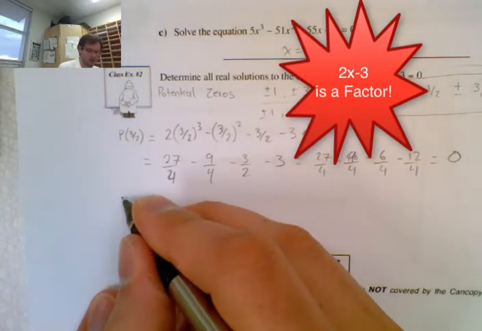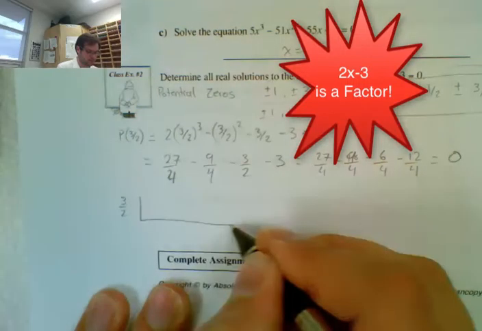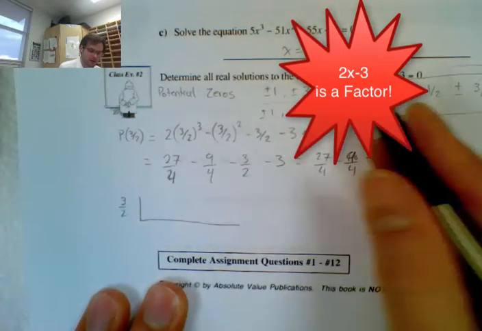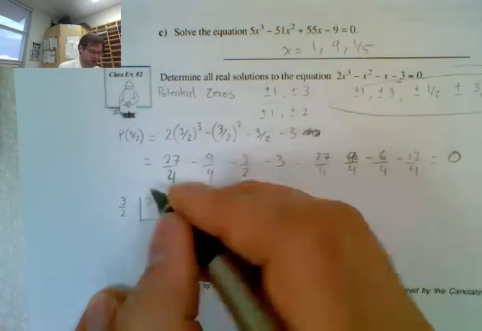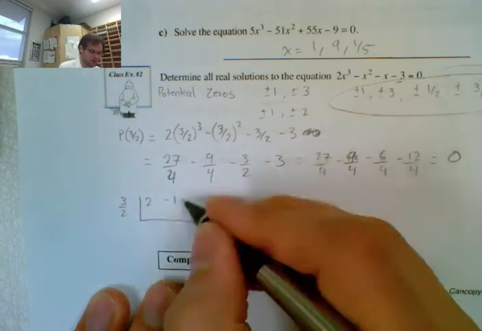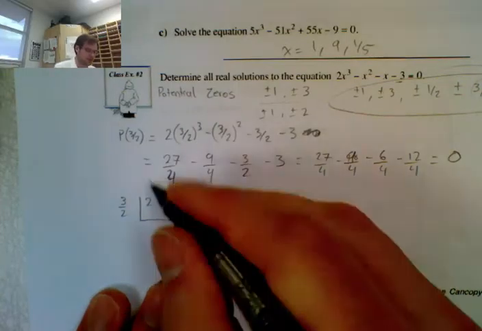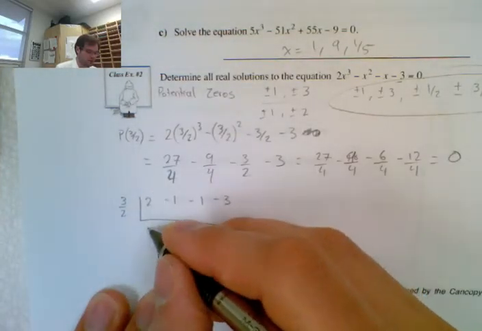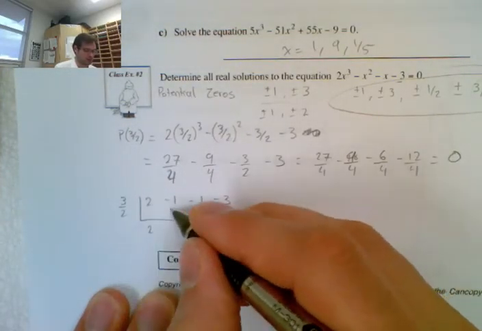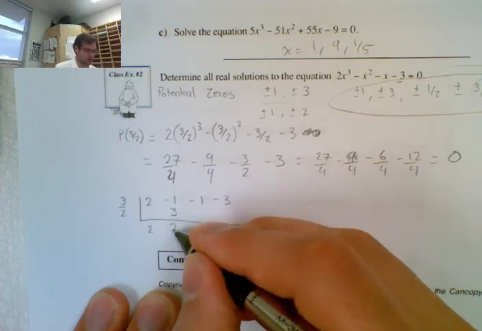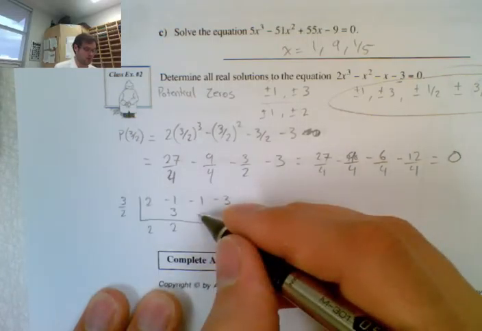I'm going to put in, right here, 3 over 2. And we have 2x cubed minus x squared minus x minus 3. Solve for this here. We have 3 over 2 times 2 is 3. When we add those together, I'm going to get 2. This is going to give me 3 again.